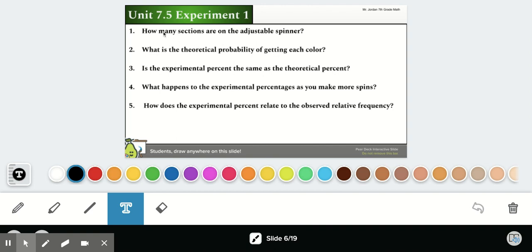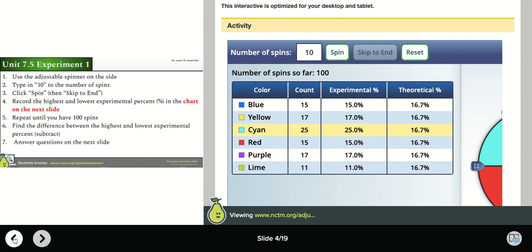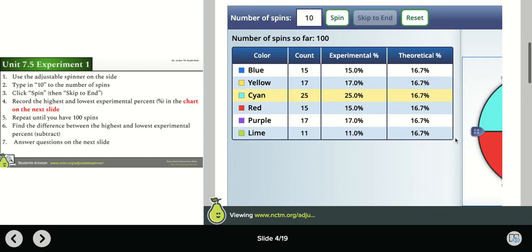So in experiment 1, how many sections are on the adjustable spinner? Well, if we look back at the adjustable spinner, we see there's 1, 2, 3, 4, 5, 6 colors. But if you actually want to look at it, click on the screen and then you can use the tab key. You'll notice it's going to different parts of the screen.